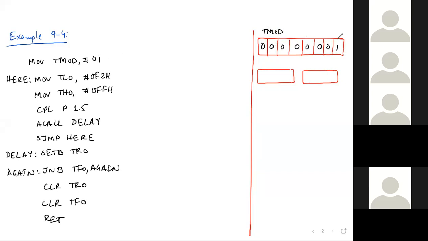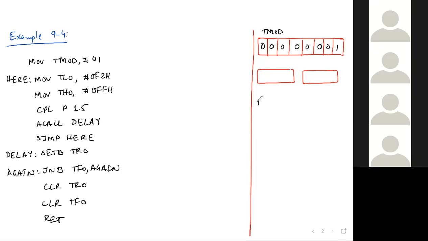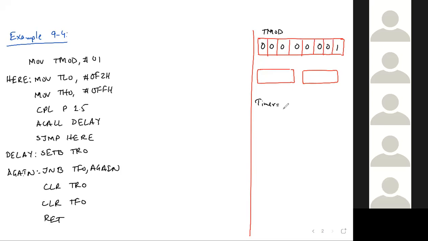In TMOD, there is a lot of information that we get. The first question is, from seeing this TMOD, which timer do you think we are using? So timer 0. Again, it can be timer 0 or timer 1, right? This much portion is for timer 1, this much is for timer 0.